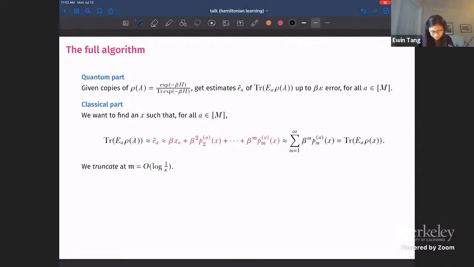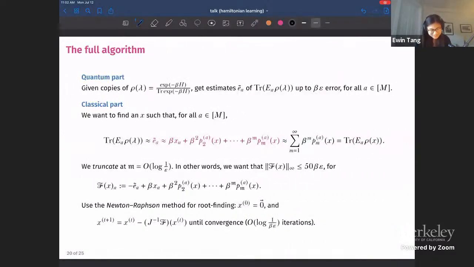Okay. So equivalently, this is just a problem of solving a system of polynomial equations. The way that we do this is we rewrite it so that the goal is to find an x such that f of x is small, where f of x comes from the difference of these two terms.